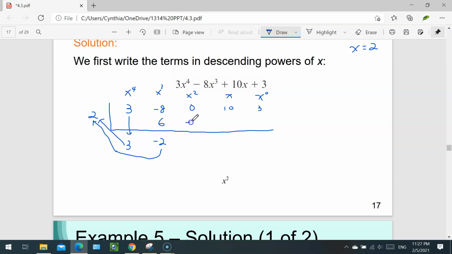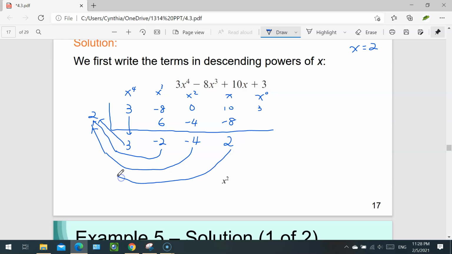Same way, you squeeze the negative 4 above the line. So now negative 4 combined with 0, you get a negative 4. Then you multiply negative 4 with the outside 2. You get a negative 8. Same way, it stays above the line. Now 10 plus negative 8, you get a positive 2.